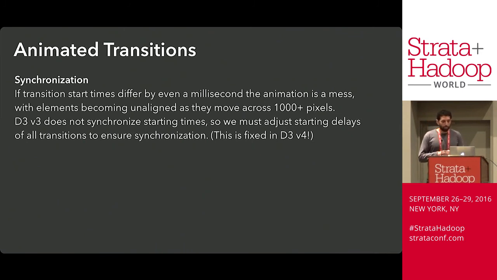So one thing you may notice if you use D3 is that, at least in version 3, when you animate a number of elements, the transitions aren't synchronized. Luckily, this was updated in version 4, but it's crucial that as you're animating, all those transitions start at the same time, or it'll create a ton of strange effects that can be jarring to users.